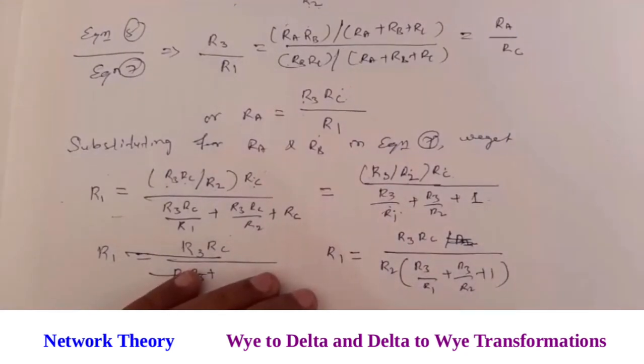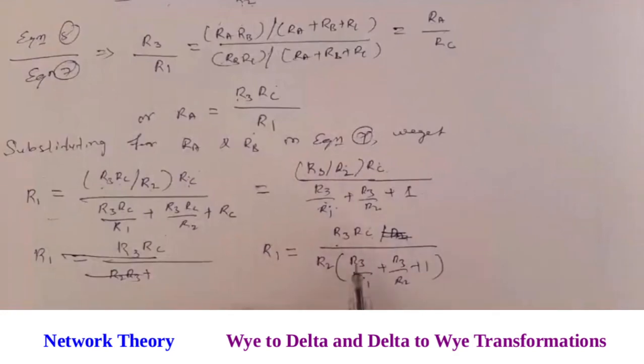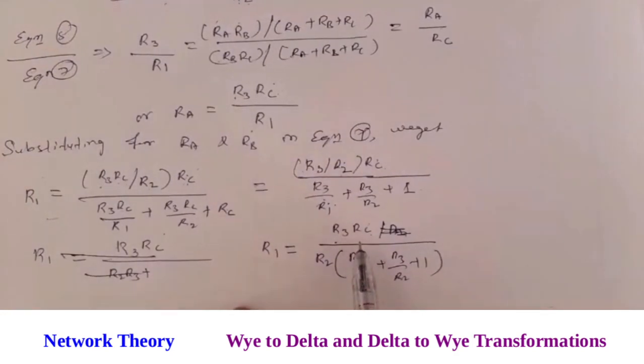Very simple. Okay, so here we have R3 RC divided by this. Now this whole equation I want to write in terms of just RC, right?